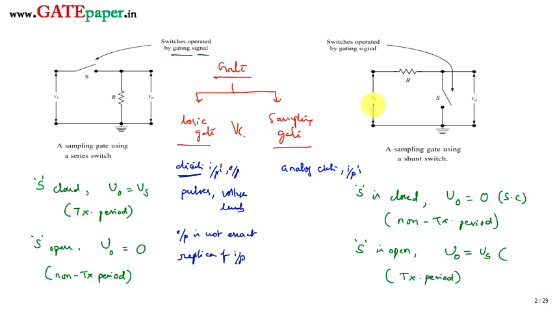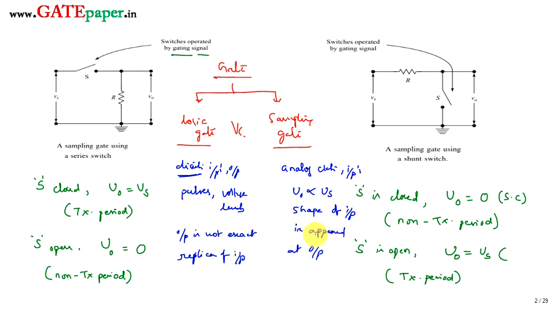So during the transmission period, we know that the output is exactly equal to Vs or at least proportional to Vs. That means the shape of the input signal is preserved at the output side. So V0 and Vs are proportional or at most equal. The shape of the input appears at the output.